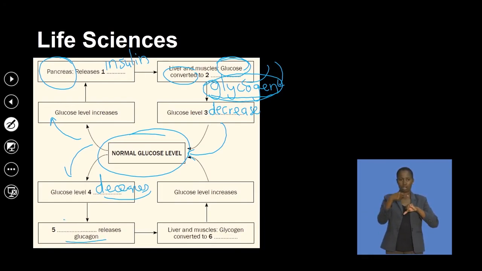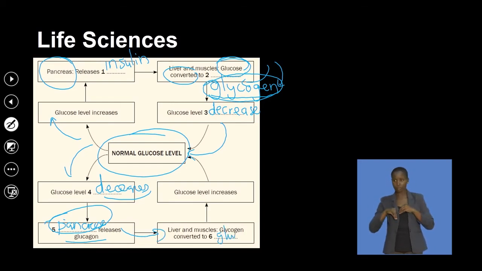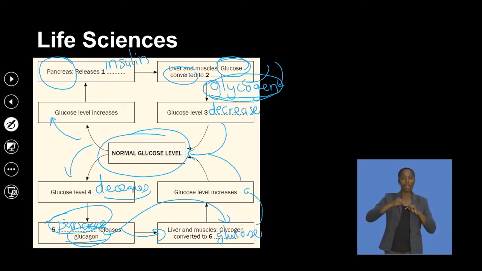And so the pancreas releases glucagon, and you've got the alpha and the beta cells that play an important role in this process. And glucagon is the hormone that helps to convert glycogen back into glucose. And so your glucose levels then increase, bringing the blood sugar levels back to normal.